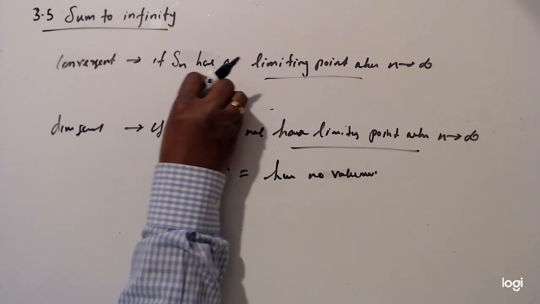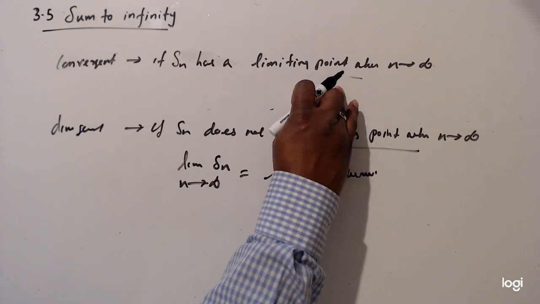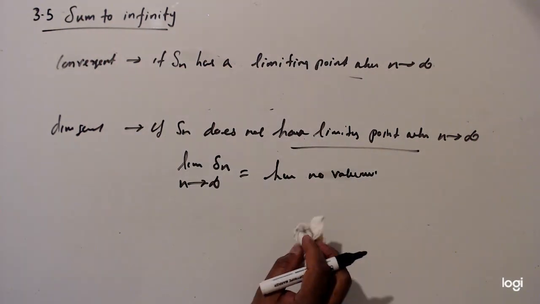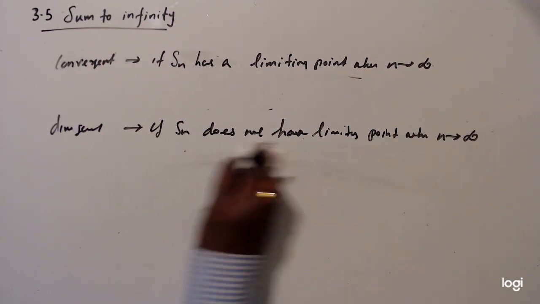So convergent means we have a limiting point. Divergent means no limiting point. That's the summary basically.